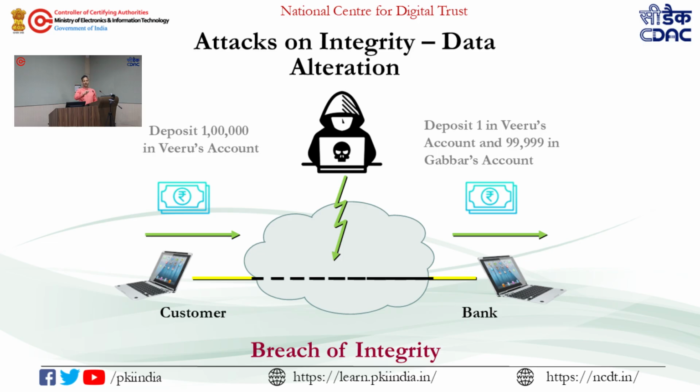I altered it and made that 99,999 to my account and only 1 rupee to that person's account. So I can alter the instruction that is flowing on the network because I can tap into the network. This is called breach of integrity, where the content that is going on the network is altered. It may be edited, something may be added, it may be deleted also. That is also possible.